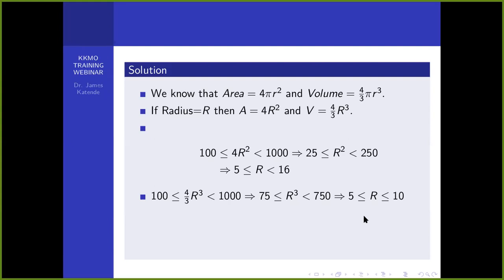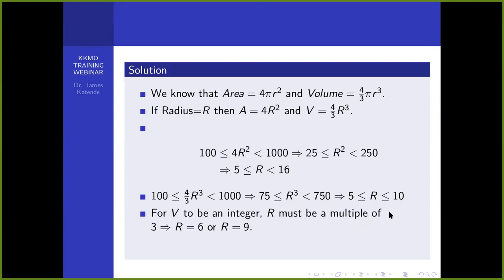So with these intervals for R, we can try to estimate the value of R. We want V to be an integer. If V is an integer, R must be a multiple of 3 based on this formula, because the only way this can be an integer is if this quantity is a multiple of 3.